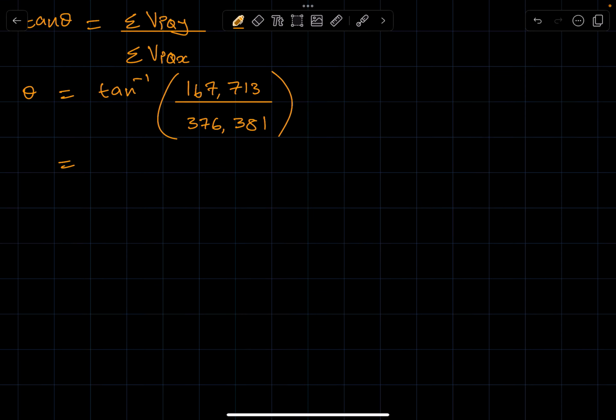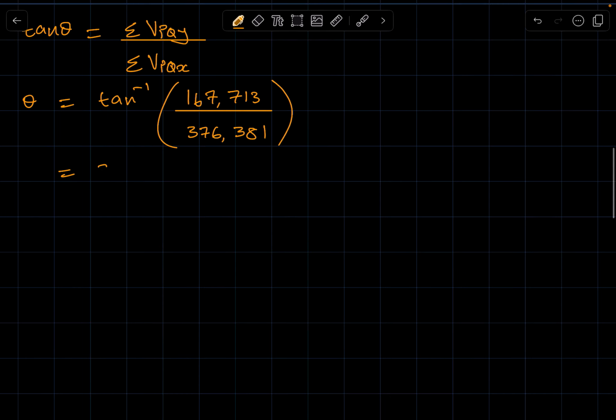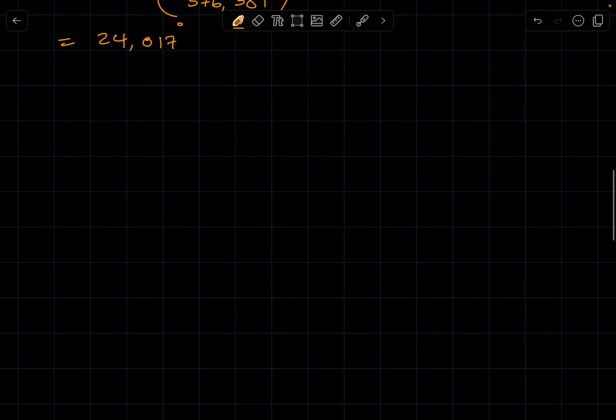Now if you punch this in your calculators, we are going to get 24,017 degrees. This is referenced from the x-axis. Now we can calculate VPQ using Pythagoras.